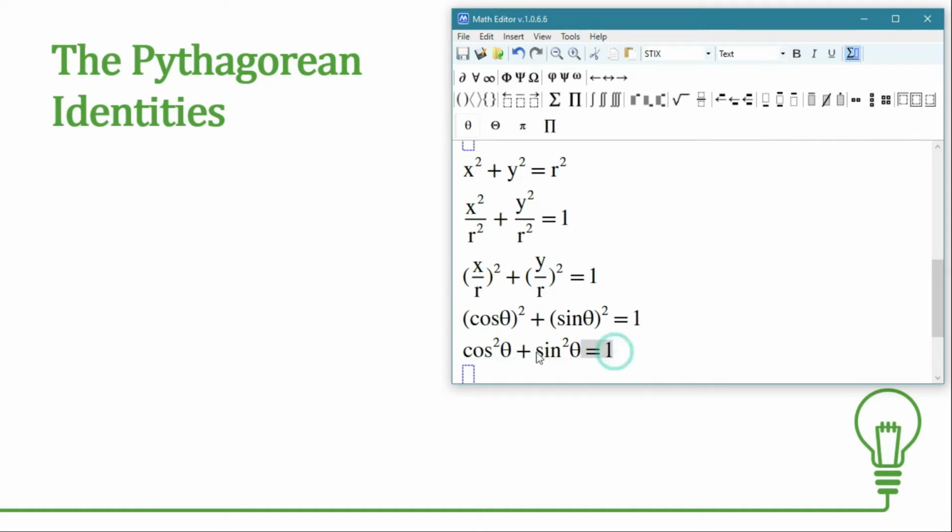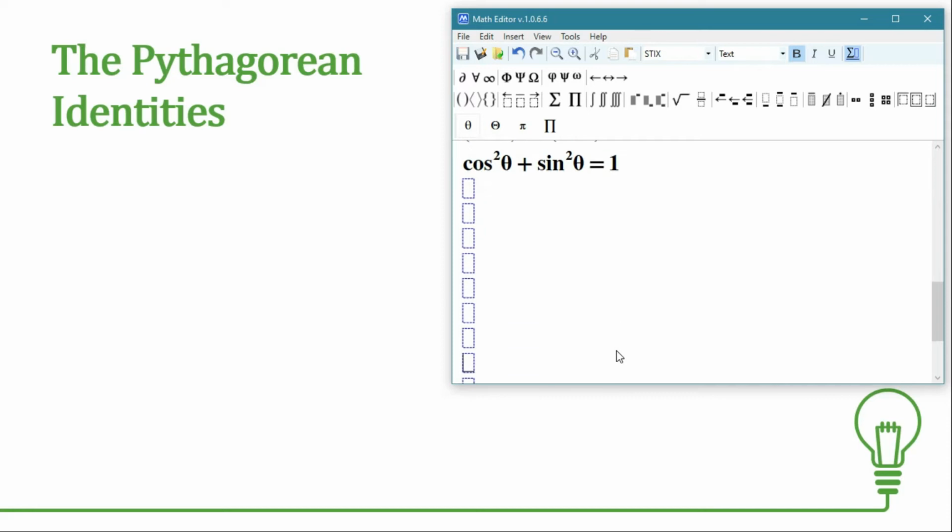So, this will be our first Pythagorean identity, wherein the square of the cosine function of the angle plus the square of the sine function of the angle is equivalent to 1. So, this is true to all triangles.